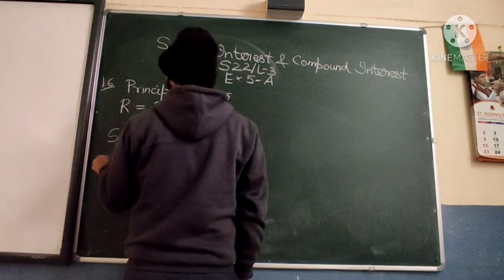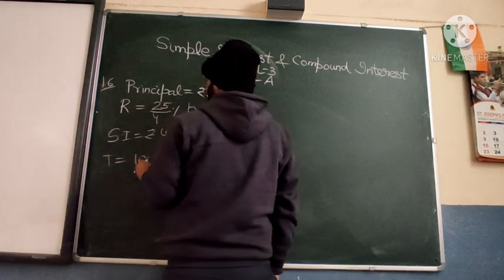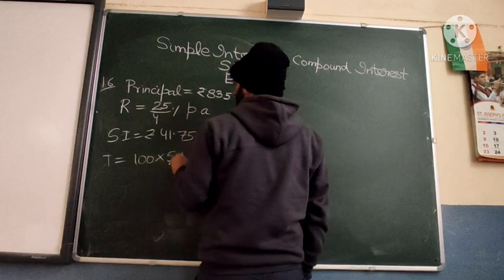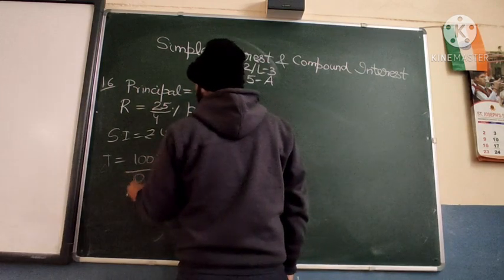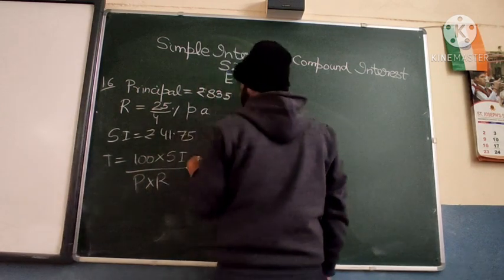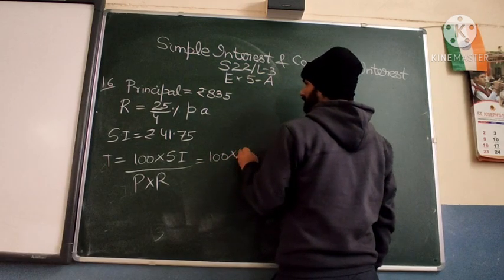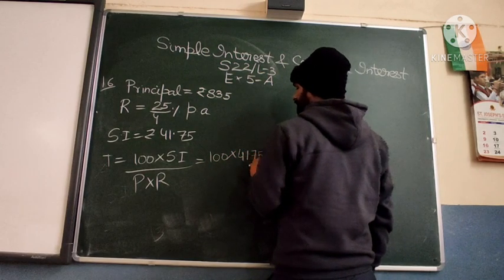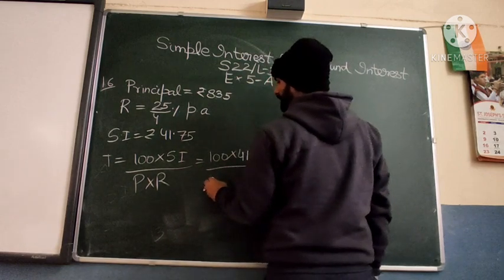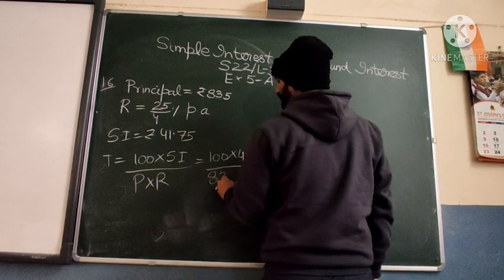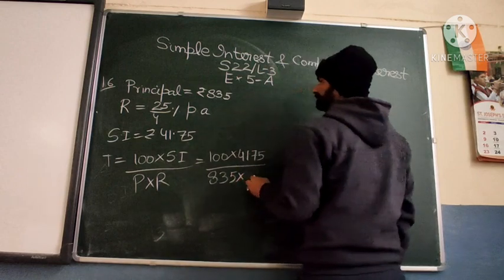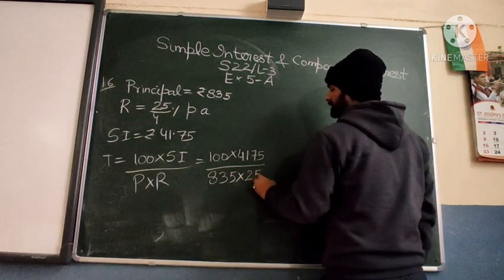So see here, time equals 100 into SI upon P into R. That means 100 into SI, what is SI? 41.75, upon P into R, so 835 into R, which is 25 by 4%.